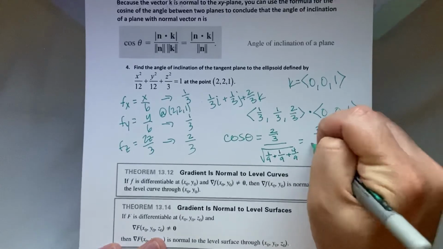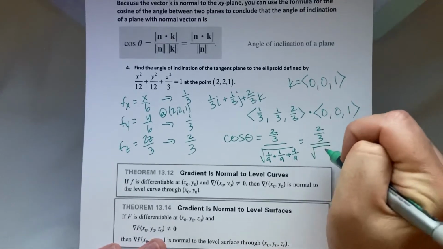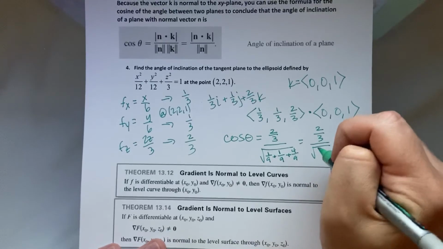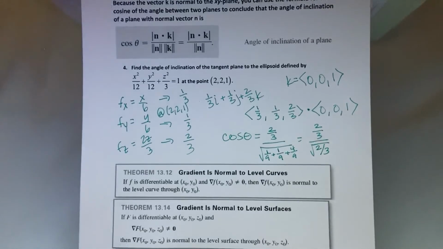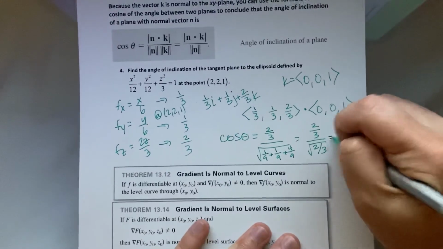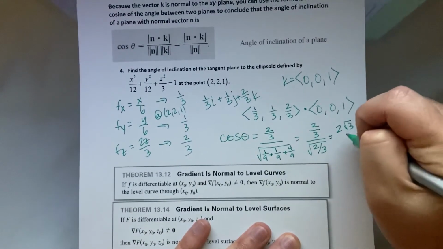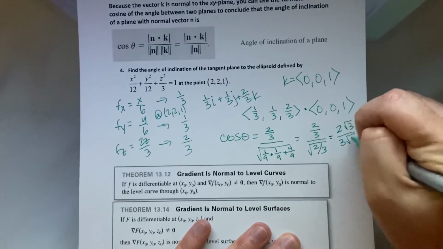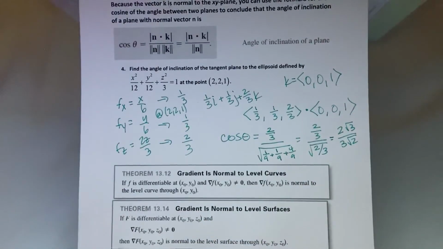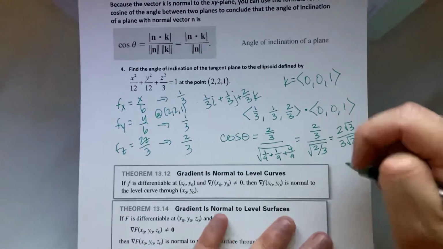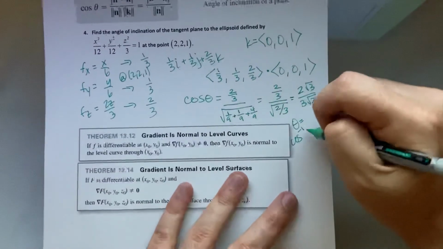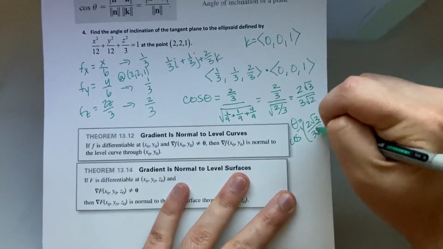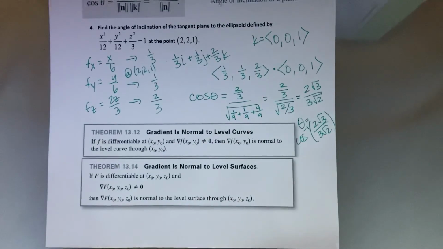This is 2/3 over the square root of 6/9, which reduces to the square root of 2/3. So this would be 2√3 over 3√2 if we flip this fraction. So we take the cosine inverse of 2√3 over 3√2, and that gives us the angle of inclination.